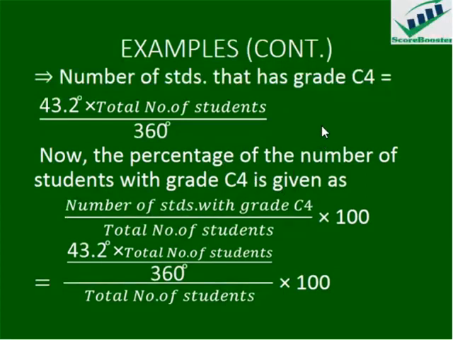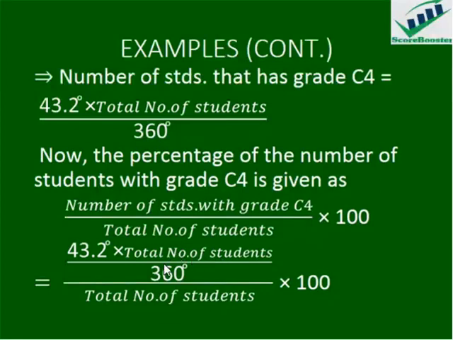I know that to obtain the percentage, it will be the number of students with grade C4 over total number of students, multiplied by 100. So the number of students with grade C4 is 3.2 degrees times total number of students over 360 degrees, divided by this total number of students here, multiplied by 100, since we have to obtain the percentage of students with grade C4.